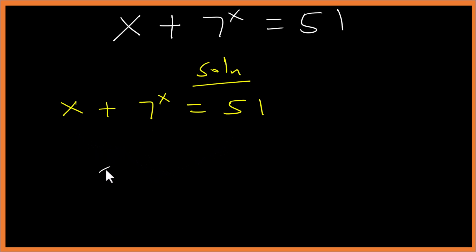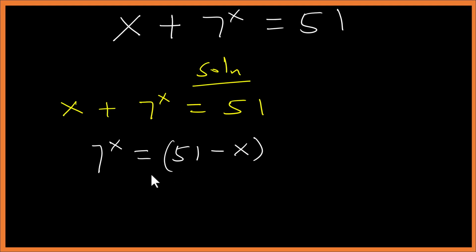So we are going to apply the Lambert W function. I'll send the x to my right, so I have 7 raised to x equals 51 minus x.